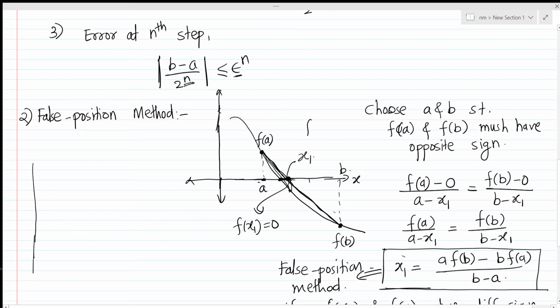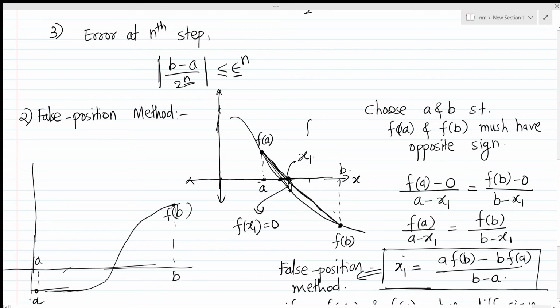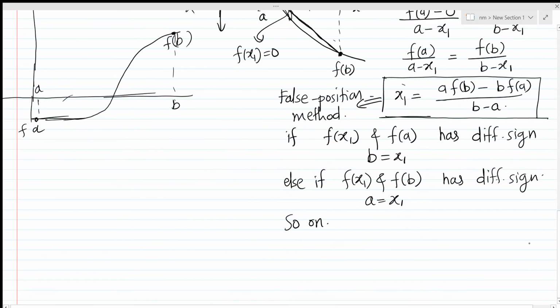but suppose the function is something like this, and these are our two values, a and b. Sorry, this is a, this is b, this is f of b, f of a, and we connect them, this is the line.